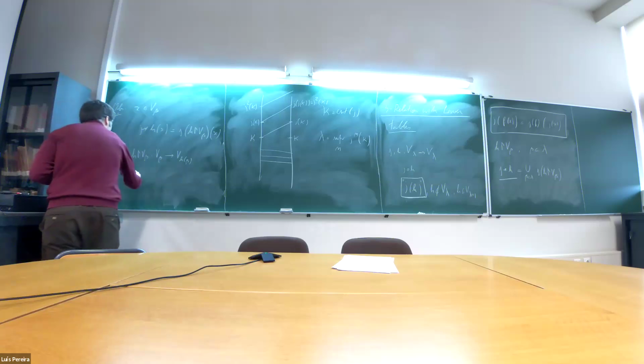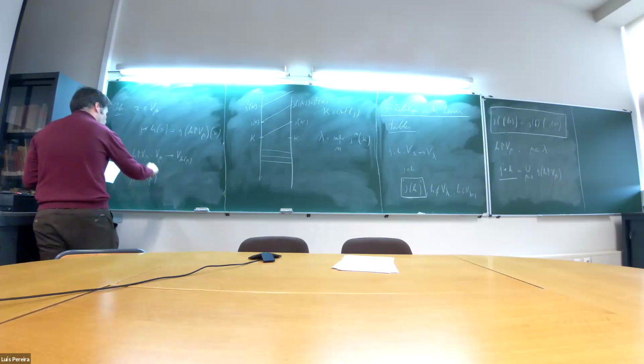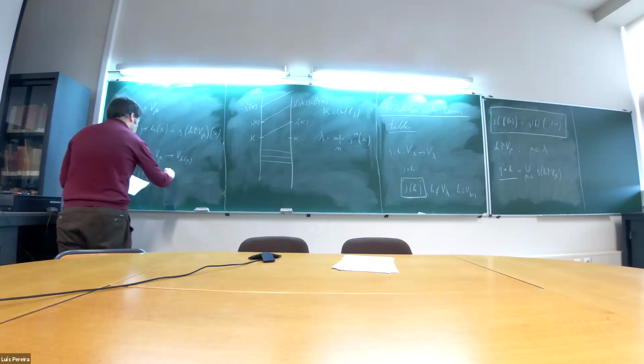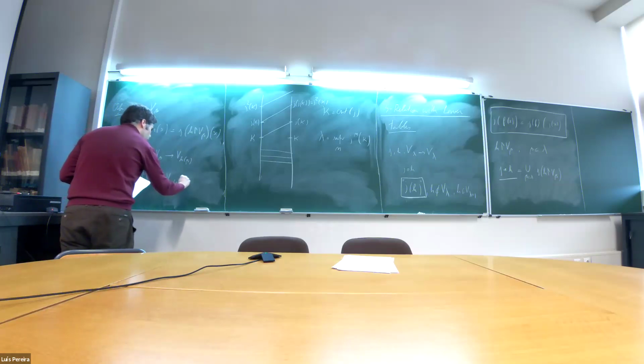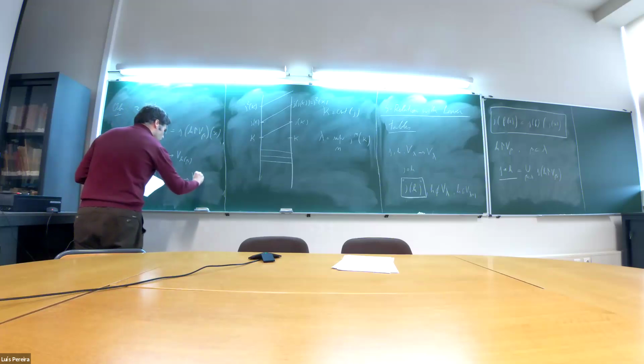So J of H restricted to V beta goes from V J beta into V J H beta.